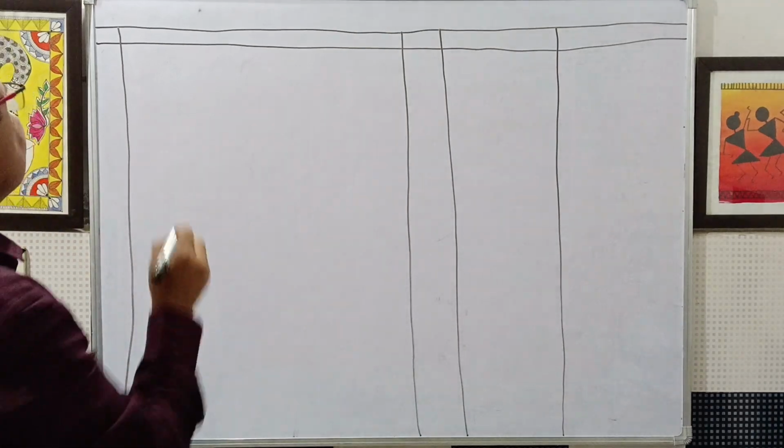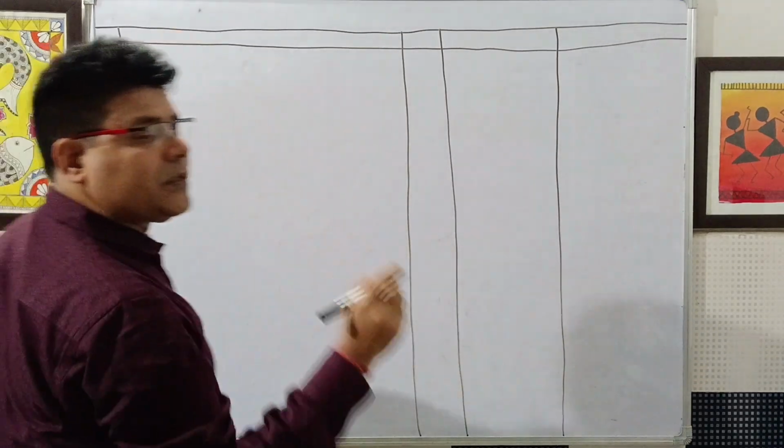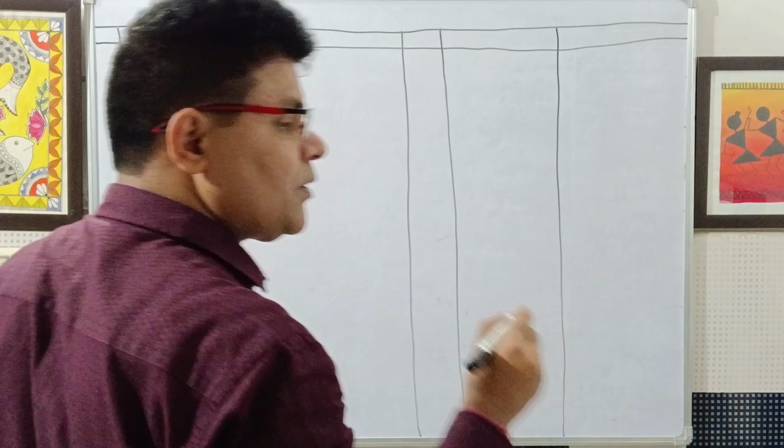This is the format of the journal entries. In the books of journal entries and prepare the machinery account for the year ended 31st March 23 and 24.